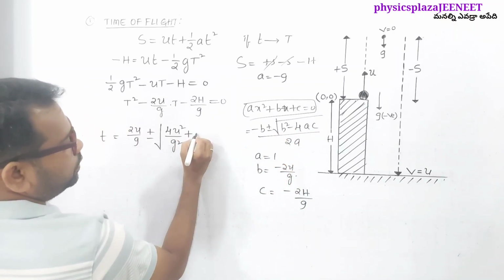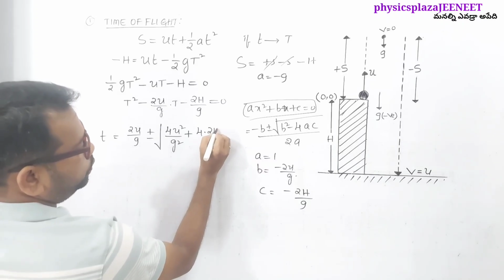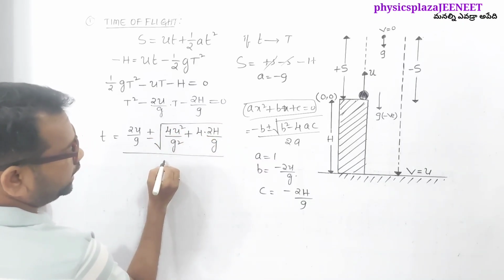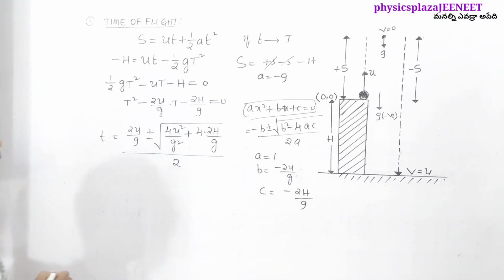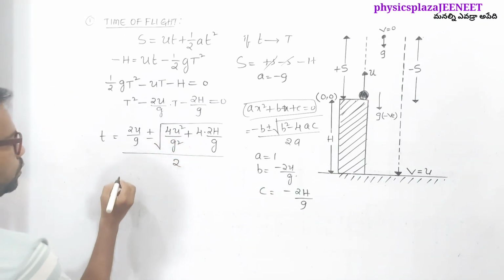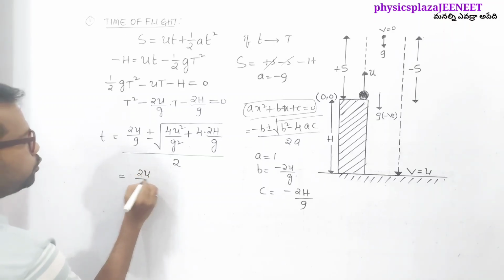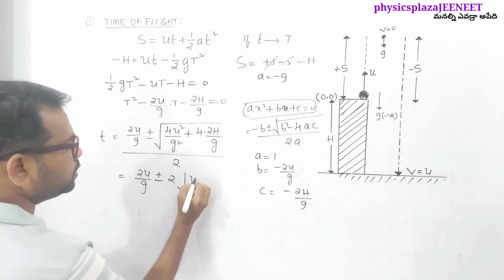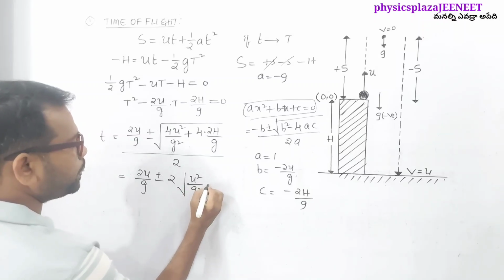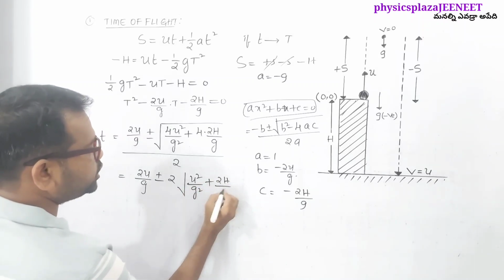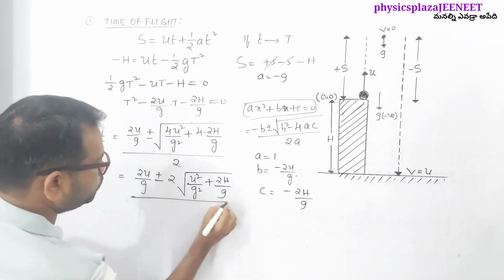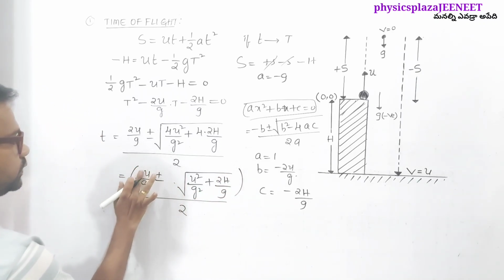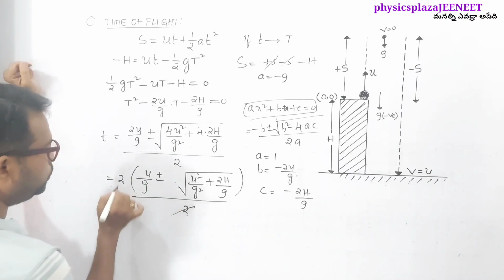It will be 4 into 2h by g, by 2 into a. A is 1 only, so it can be 2 only. So I think here we can take 4 as common. So 2u by g plus or minus 2 times square root of u square by g square plus 2h by g, by 2. Here this 2 we can take as common, and this 2 will get cancelled.